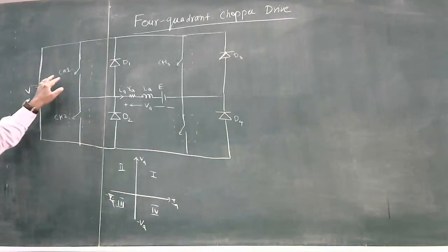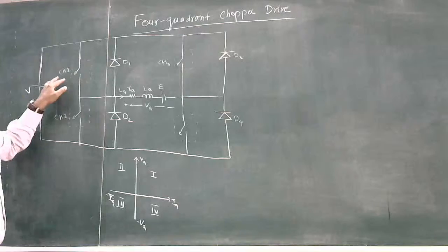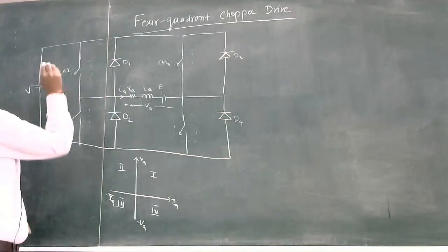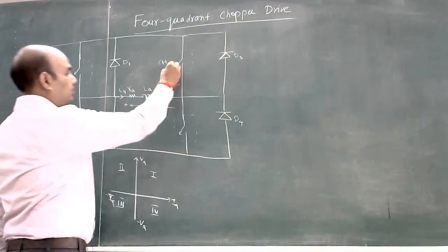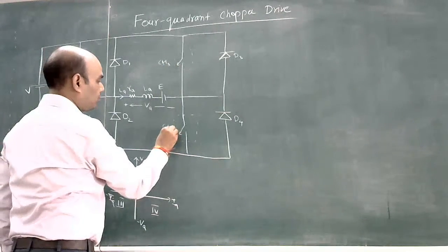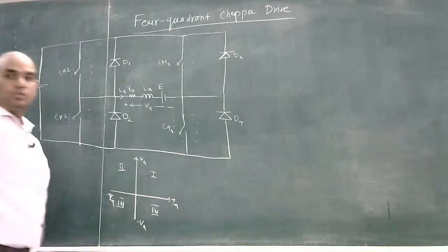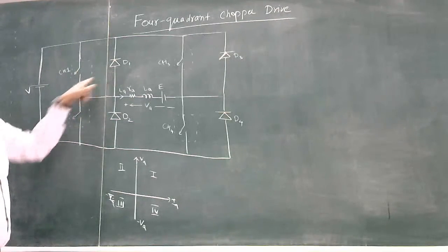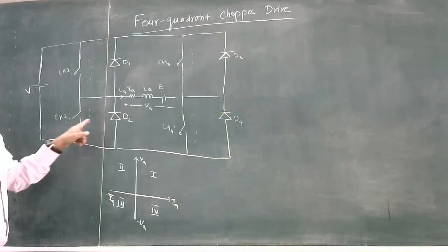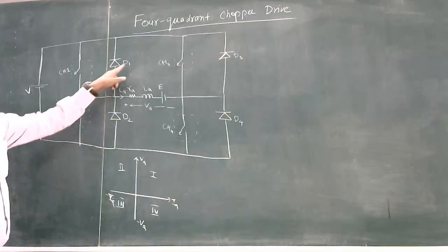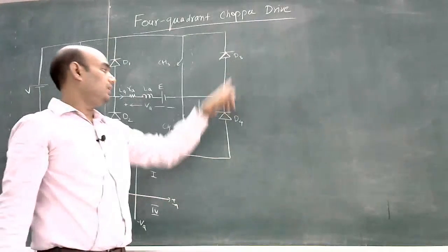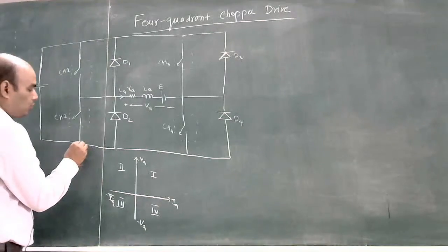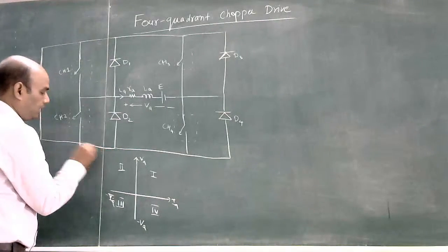It has four chopper switches: switch one, switch two, switch three, and switch four, and four diodes, D1, D2, D3, and D4, which are connected in parallel to these chopper switches. So these are the two A-type choppers.